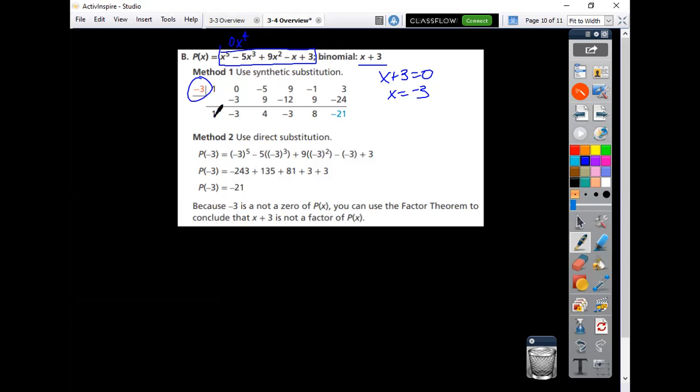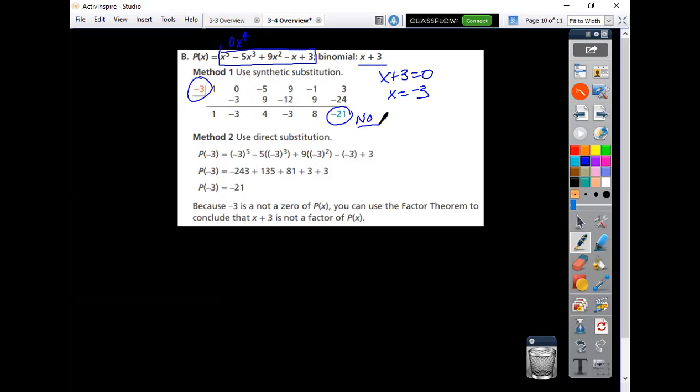Bring the first leading coefficient down. Multiply, add. Multiply, add. Multiply, add. Multiply, -3, -3, 9, add. Multiply -3 times 8, -24, add. Is the remainder 0?